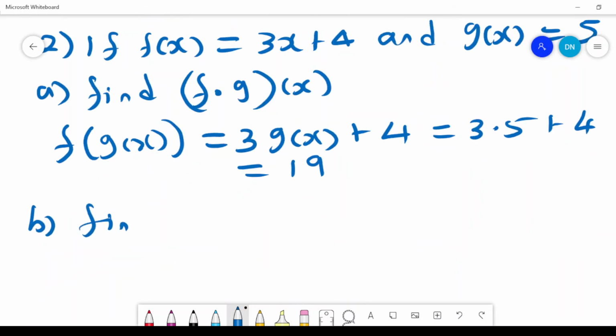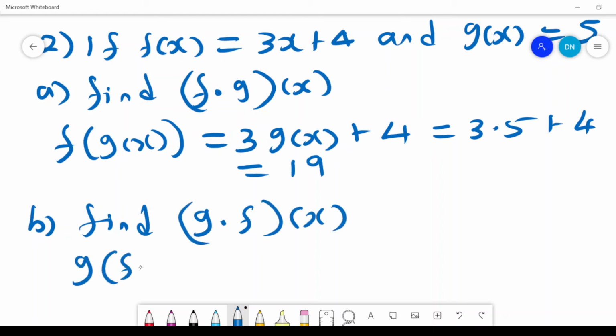Now g of f of x. Remember that g is equal to 5. Since it doesn't have an x, the solution still remains 5, because we are replacing x in g of x.